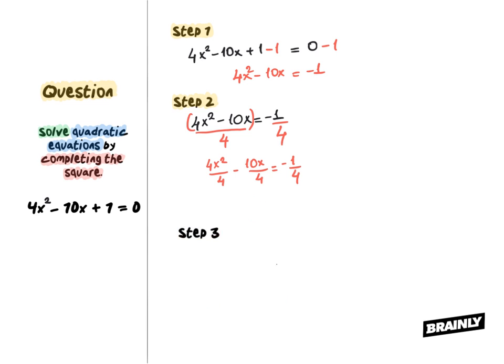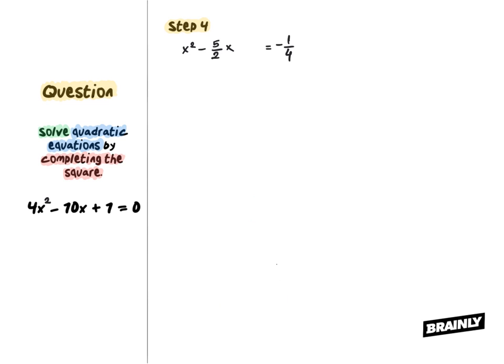Okay, so on the left side, we got x squared minus 5 over 2x. We are gonna add 25 over 16 to the left side. On the right side, we have still got our negative 1 over 4.